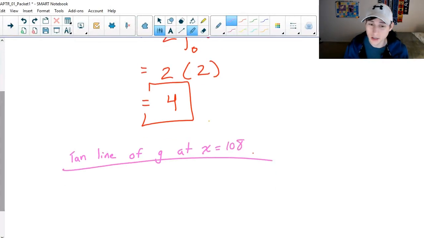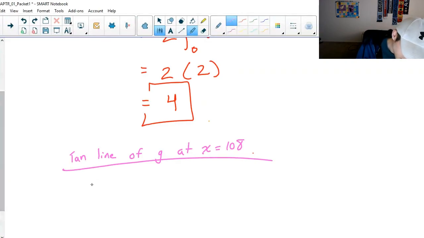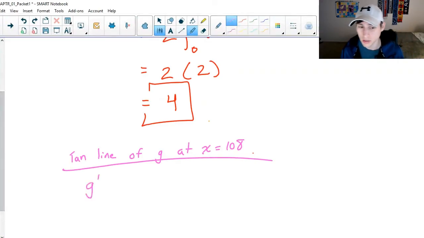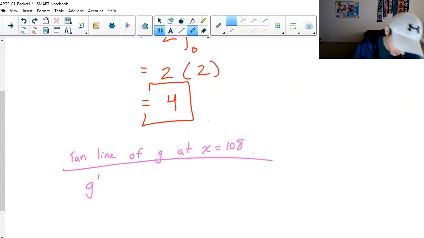Since it's the tangent line of g, I'm going to need to know g prime. But g prime, oh, wait a second. Did I skip something?